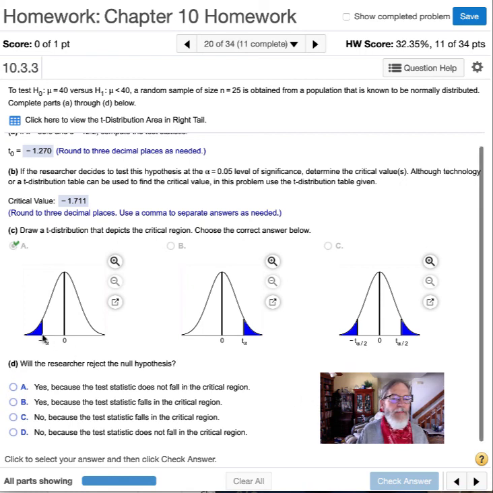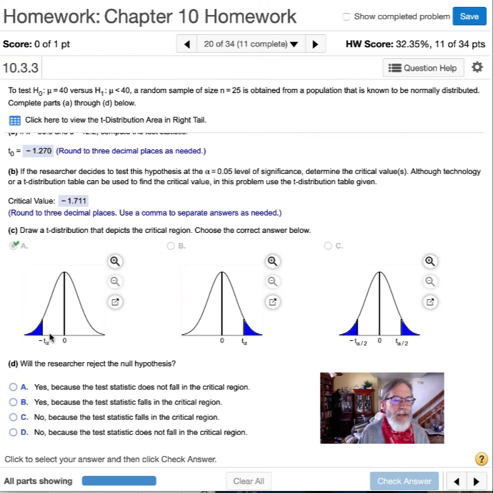Remember, if it's more than 1.711 standard deviations below the mean, then we're going to reject. This is that low probability area. The area right there is 0.05. But we're at negative 1.270, so it's right about there. Sorry, I can't draw on here.